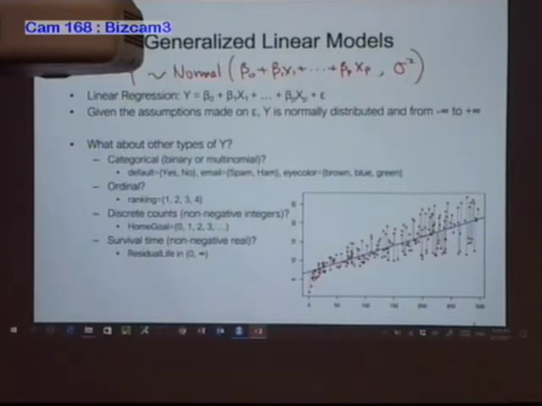So this is not integers. Time can be a real number, but it's at least non-negative. We cannot predict a negative time. So all these things are common in practice, but they don't fit into the linear regression framework because the y is not normally distributed, right?